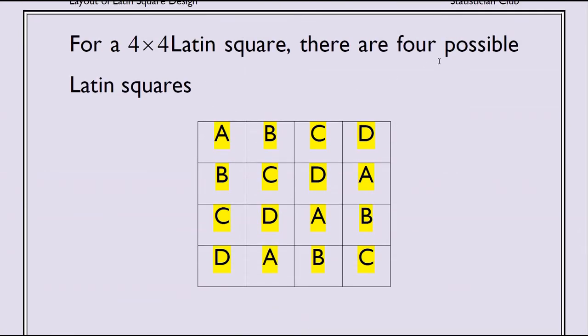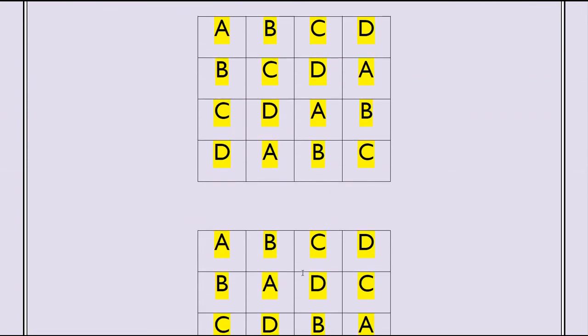But we have 4 possible Latin squares for 4 by 4. For the second, A, B, C, D, and in the second row we change this position. C is here, A is here, and the A and C positions are changed.